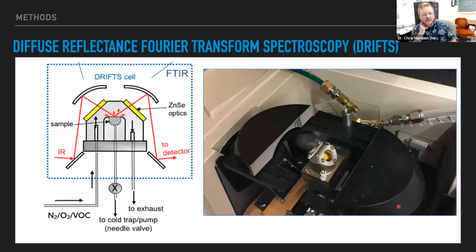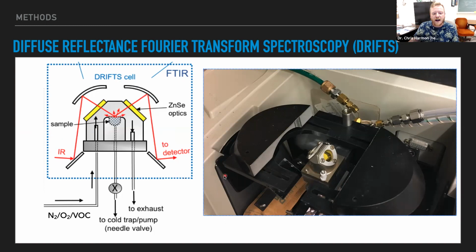Okay, so here is a nice schematic of our apparatus. So this is our DRIFFUSE cell. It is parked inside the compartment of a commercial FTIR, Fourier transform infrared spectrometer, and that's the same type of instrument you used in OChem. But we have this custom-made cell that can reside in the IR compartment.